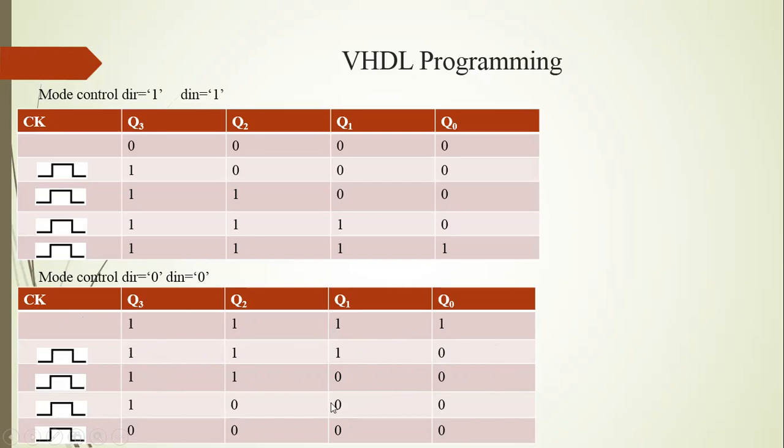Then the third clock cycle is applied, giving 1 0 0, and when the fourth clock is applied, 0 0 0 data is in the shift register. With direction 1, data shifts from left to right, and with direction 0, data shifts from right to left. Okay, this is the behavior of the 4-bit bidirectional shift register.